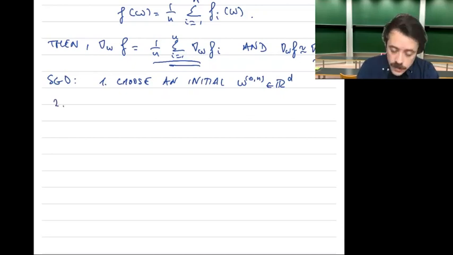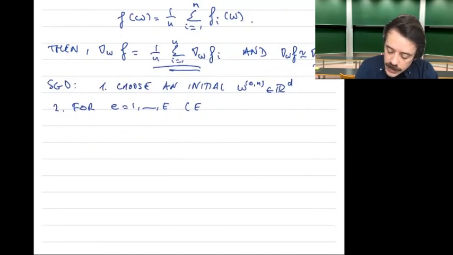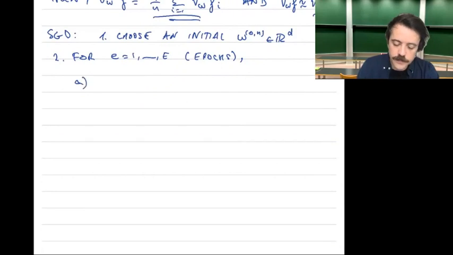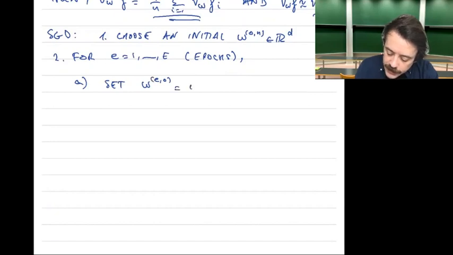And then second, for e going from 1 to capital E, which is called the epochs, this is the number of epochs, and each of them is an epoch. A: we wish to know where to start in each epoch, so we write the first element in the epoch as the last element of the previous epoch.